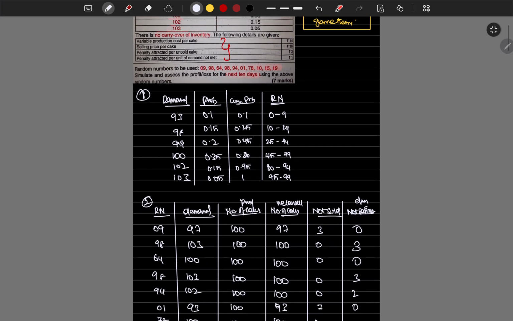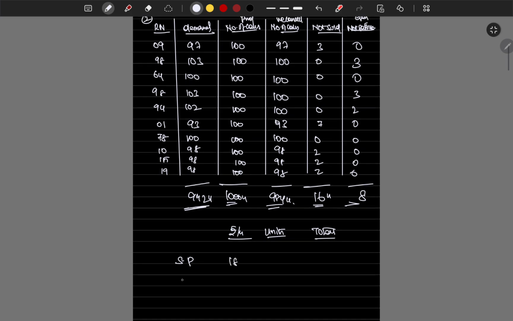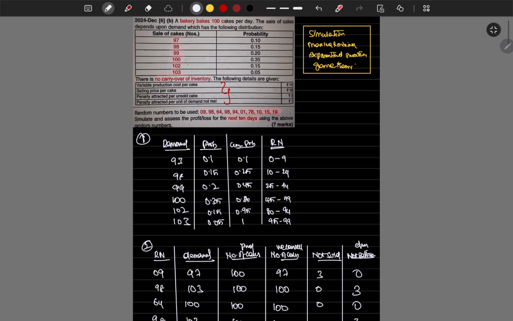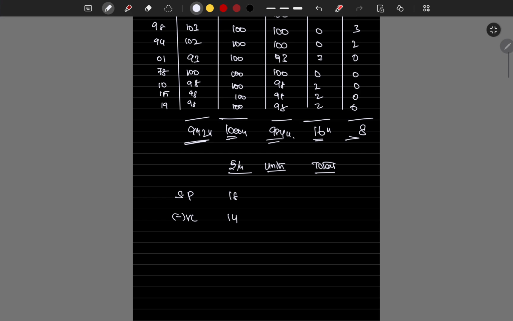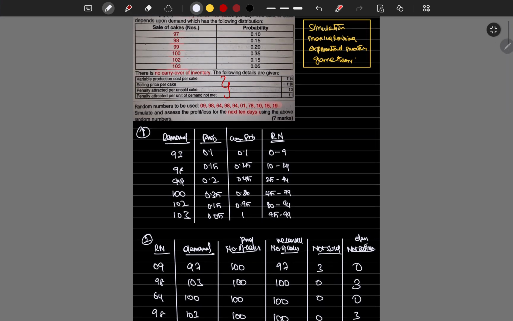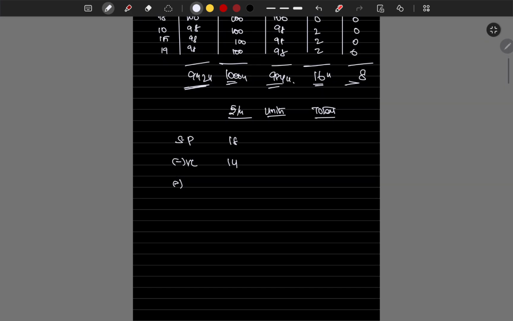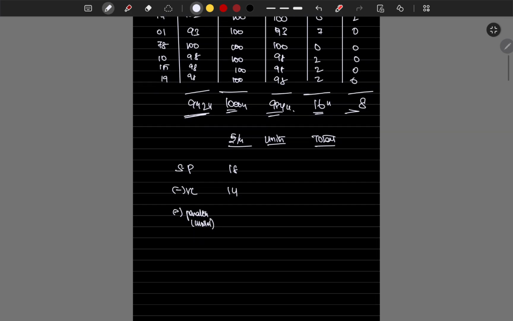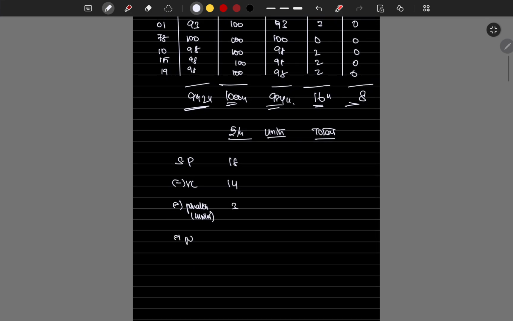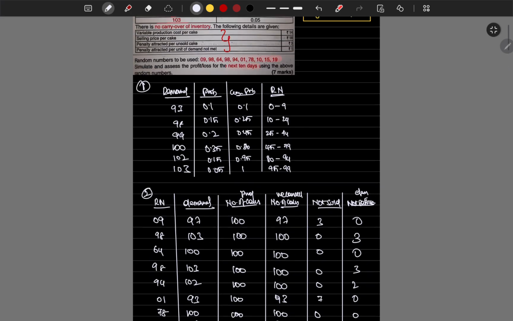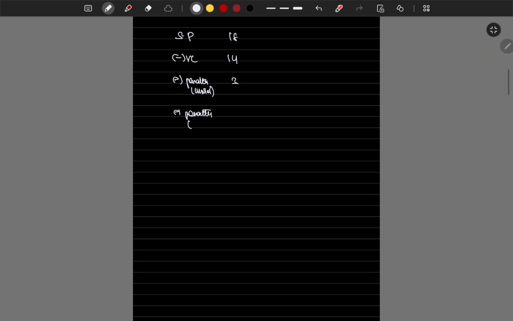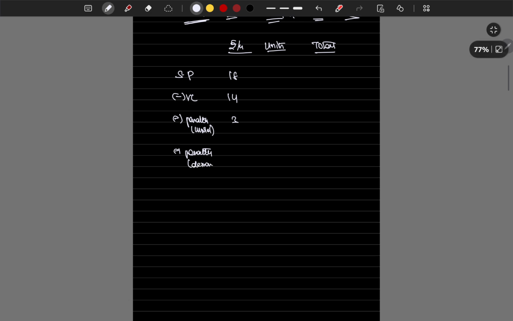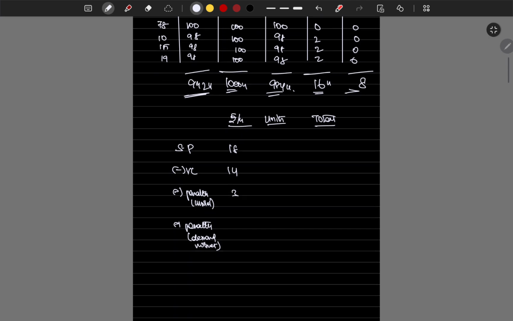Rupee per unit is 18, minus variable cost, which is 14, minus penalty for unsold cake, which is 3, minus penalty for demand not meeting, which is how much? 1.